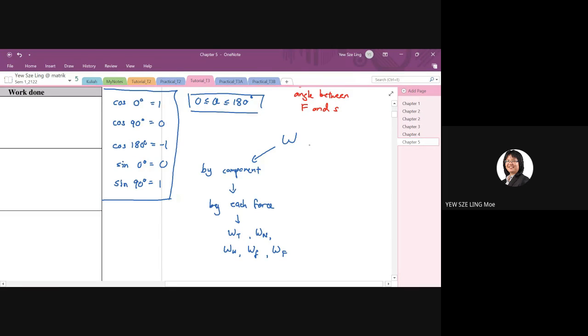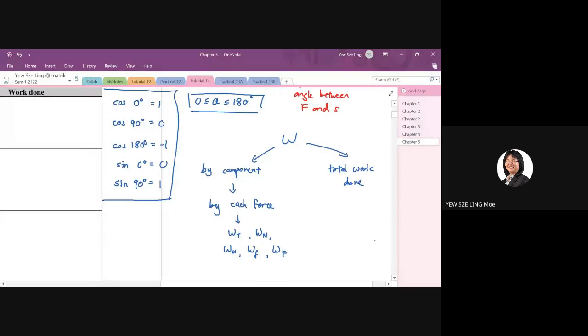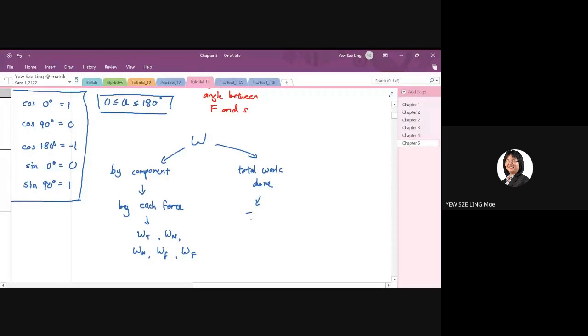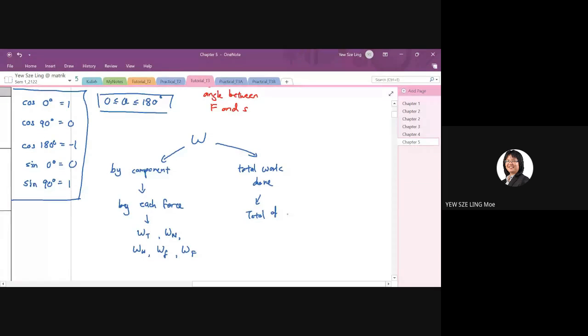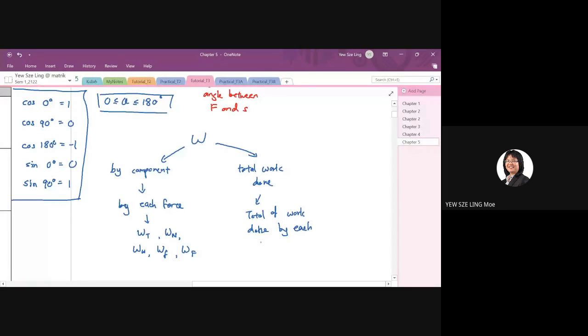And then another type of work done that the question will ask us to calculate is the total work done. So how to calculate total work done? Once again, it has two methods. The first is to calculate the total of the work done by each component.